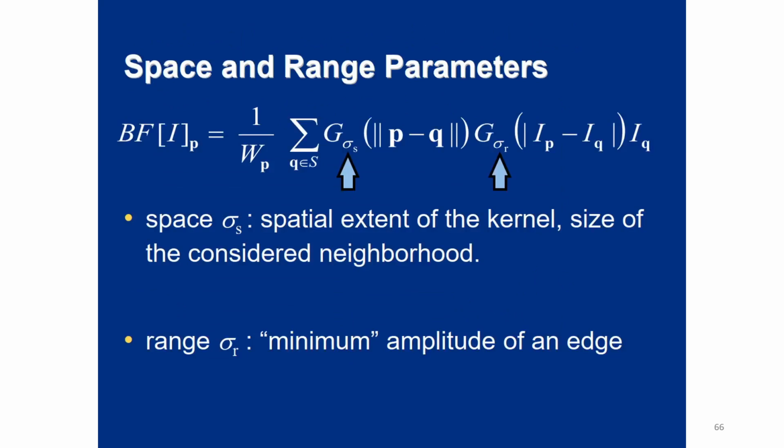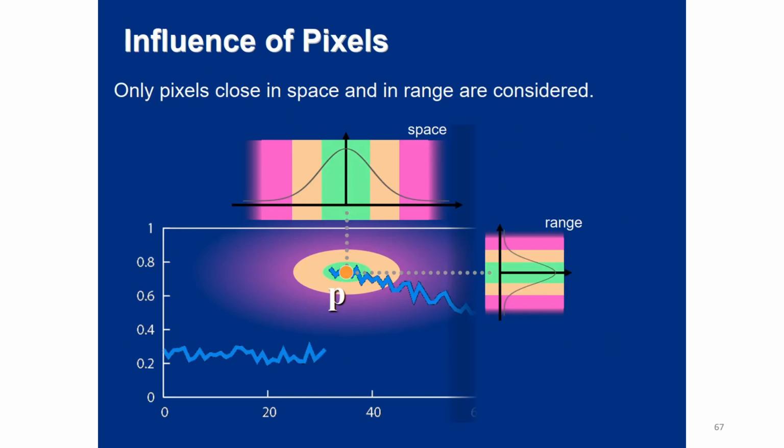And how do we calculate the two types of weights? Both of them are Gaussian distributions, and there are two parameters: one for space and one for range. Okay, so again, this is for this example. This is the Gaussian distribution for space. They will be calculated by the distance. And for range, for this one, they will be similar, and for this one, because they are dissimilar, the range weight will be very small.